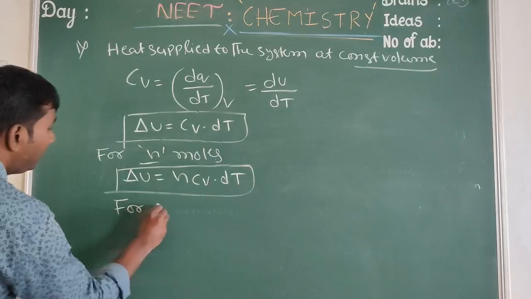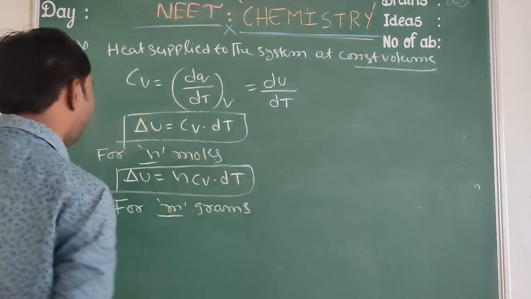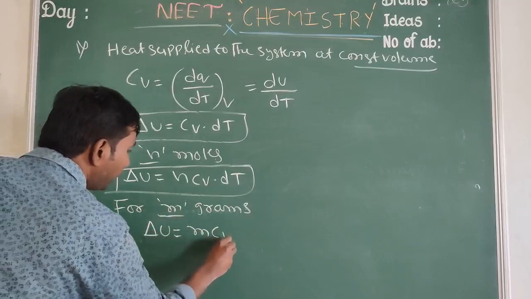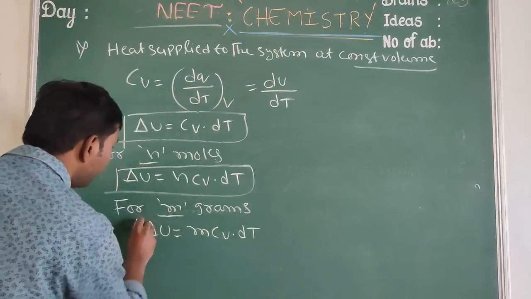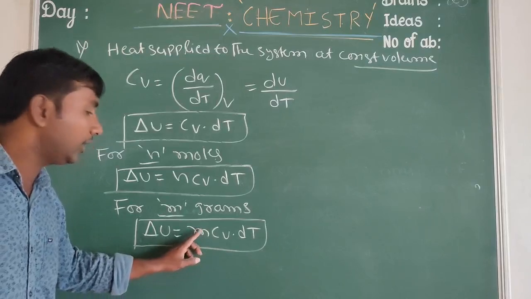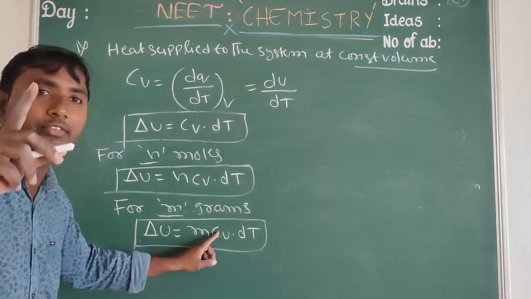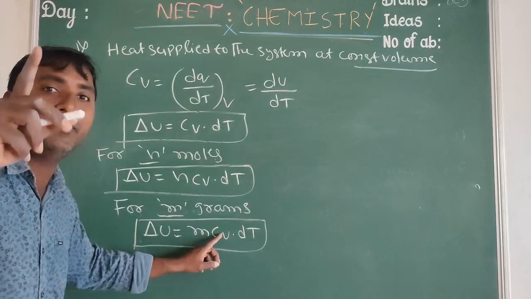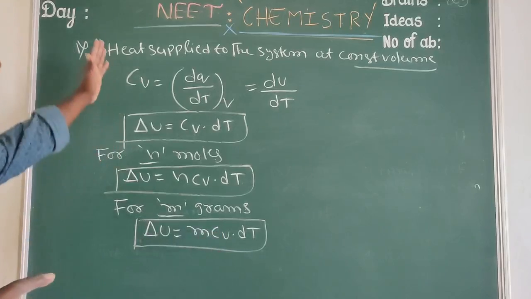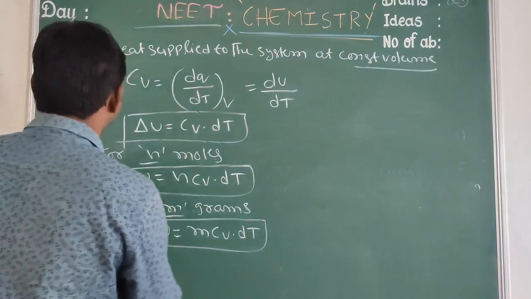Then for m grams, del U equals m Cv into dT. Here m means grams of the substance. In this case, Cv means specific heat. Okay, this is heat supplied to the system at constant volume.